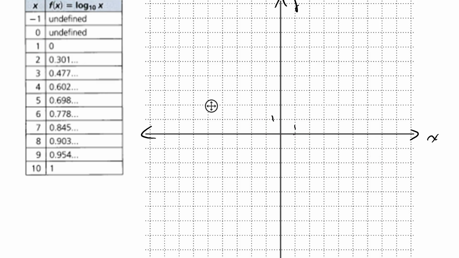So this right here is our x-intercept. At 2, it's 0.3. So it's 0.3, about there. And then it's almost going to be half, at 3. And then it's a little bit more than half, 0.6.